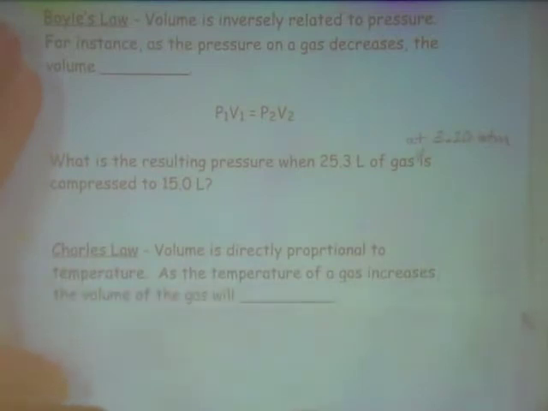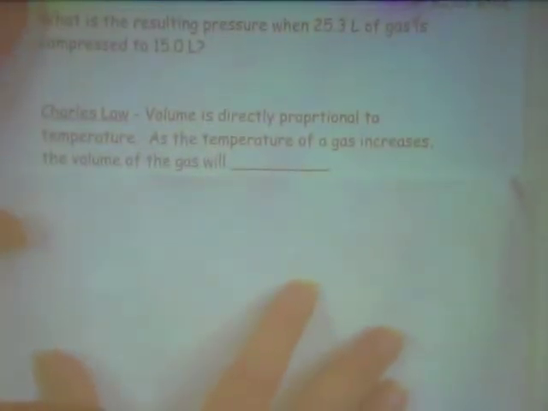We have Charles' law. That tells us that volume is directly proportional to temperature, meaning that as one goes up, so does the other. So as the temperature of a gas gets higher and higher, the volume of that gas will also do what?